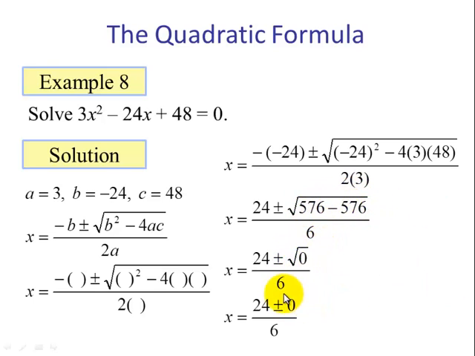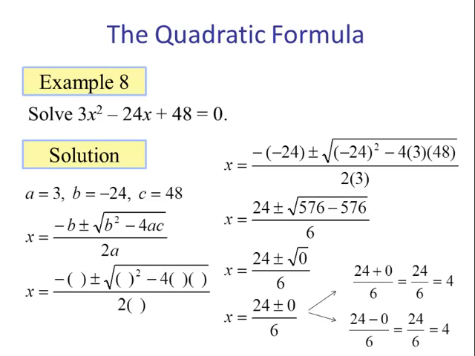The square root of 0 is 0. So we have 24 plus or minus 0 divided by 6. So this becomes 24 divided by 6, which is 4, and 24 minus 0 is still 24, divided by 6 is 4. So for this case, we have one real solution, 4.